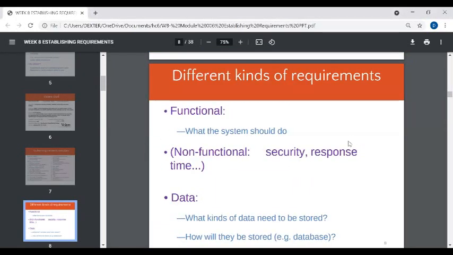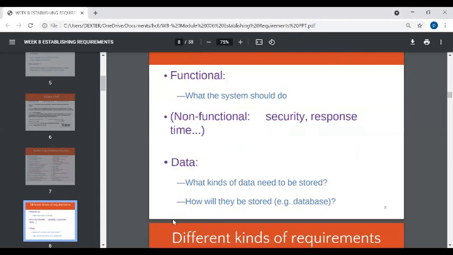Okay, so different kinds of requirements: functional, non-functional, and data. In software engineering, two different kinds of requirements have traditionally been identified. Functional requirements, which say what the system should do, and non-functional requirements, which say what constraints there are on the system and its development.